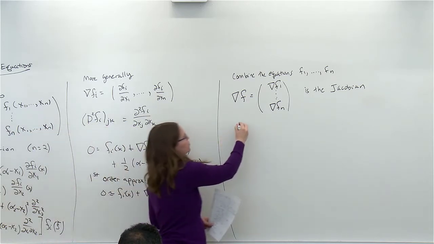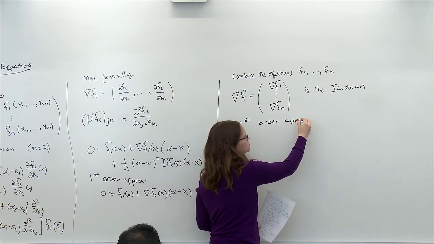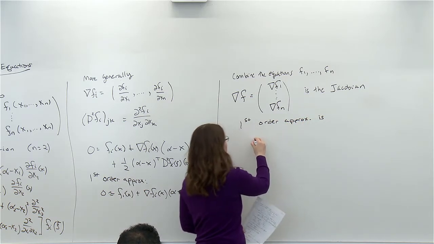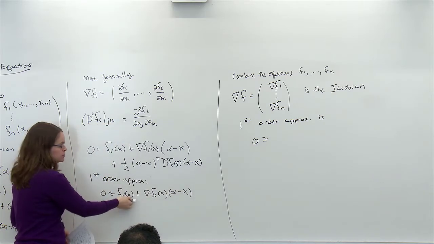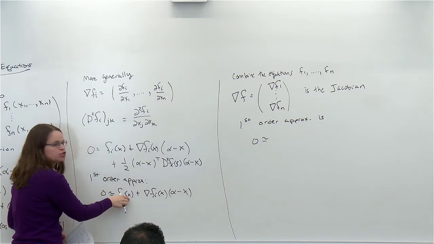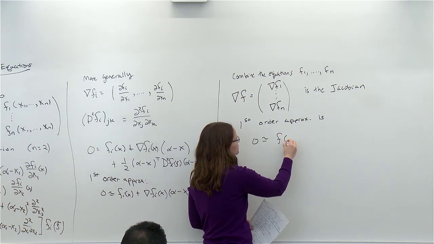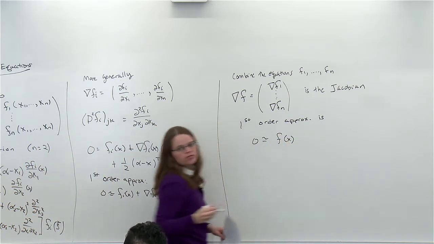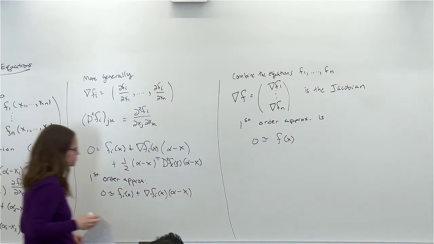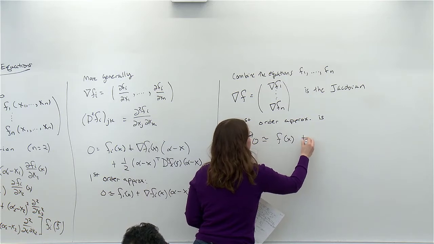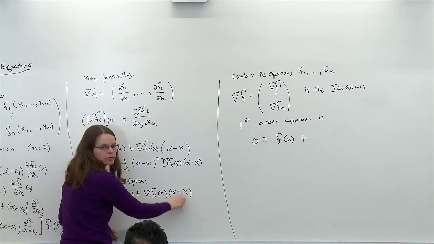Okay, and now my first order approximation becomes 0 is approximately equal to, and now again I'm going to stack all of these. These are each scalar, so now I stack them into a vector. So I get all of the different components of the function that I'm trying to find the root of. Now here I have the ith row dotted with this vector.